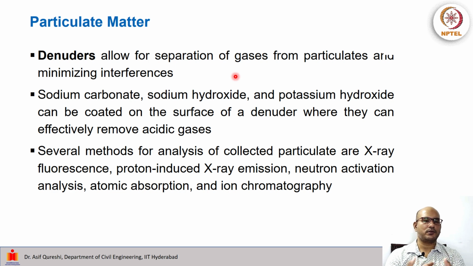If we just want to calculate particulate matter, we can use a high volume sampler or one of the other methods which can just give us an answer, rather than using denuders or any other such things. But if you want to do the chemical analysis of the particulate matter, then we may have to go to particulate matter collection, analysis, and then further analysis.